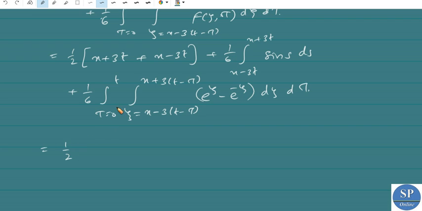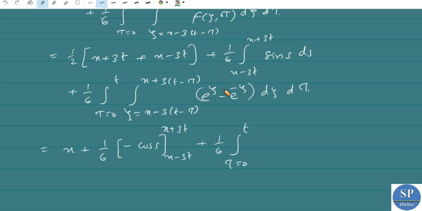So this is equal to 1 by 2 into, we can cancel 3t, so 2x by 2, that is x, plus 1 by 6 into integral of sin s, which is minus cos s, from x minus 3t to x plus 3t, plus 1 by 6 into integral tau from 0 to t.